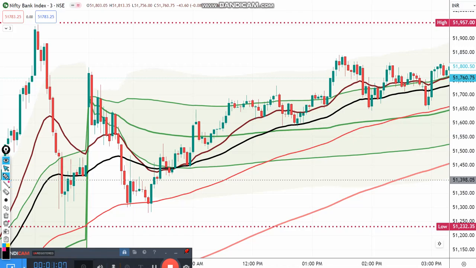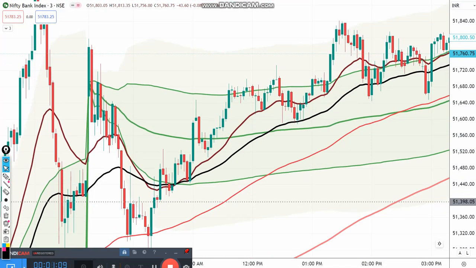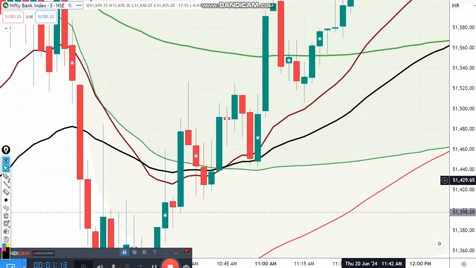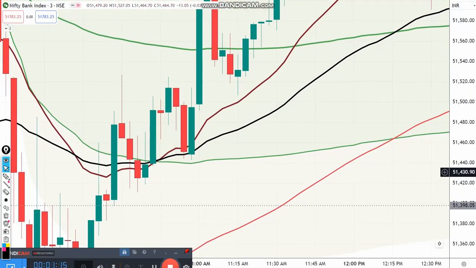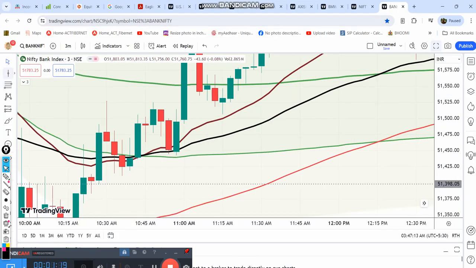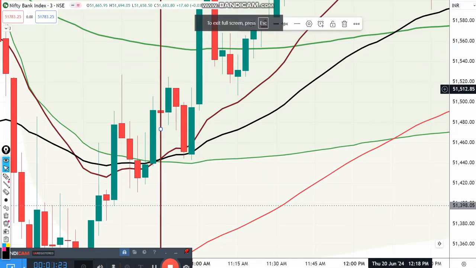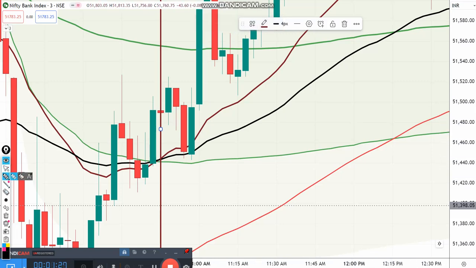So at this point, in this candle, there was a bullish crossover of the 21 and 50 MA, and they both were inside the VWAP band, and there was a crossover angle also here.